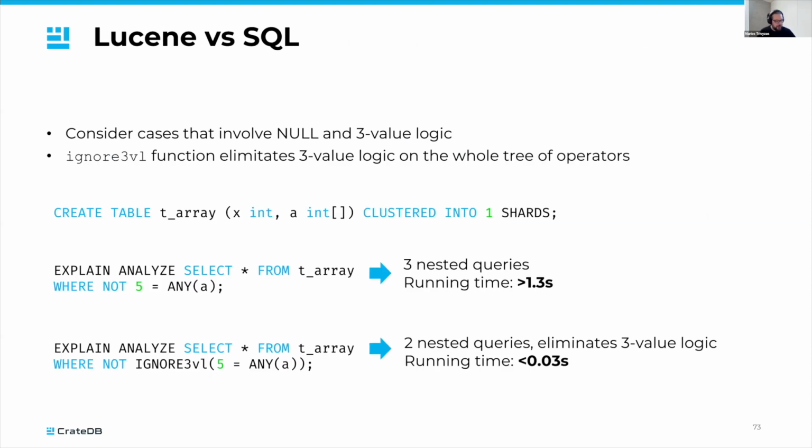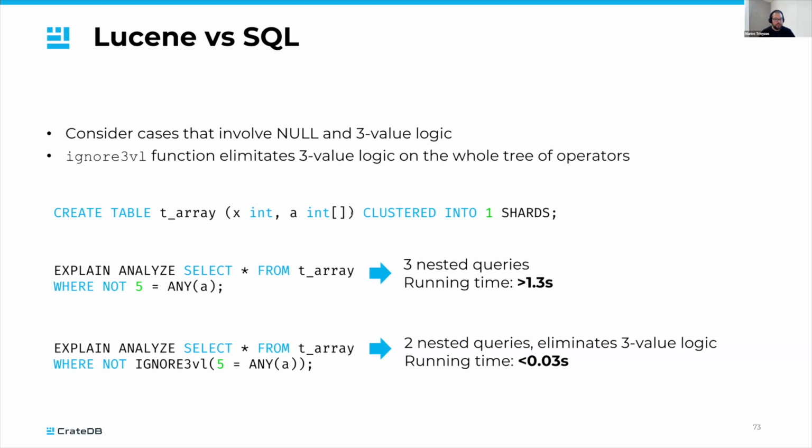So next, another thing to consider is that SQL language and queries are different in some cases from what Lucene is capable of. One example of this is the three-value logic for Boolean expressions, which means that apart from true and false, there is also a null value, and there are some weird calculations when you have null and true, null and false, or null or true, null or false, and things like that.